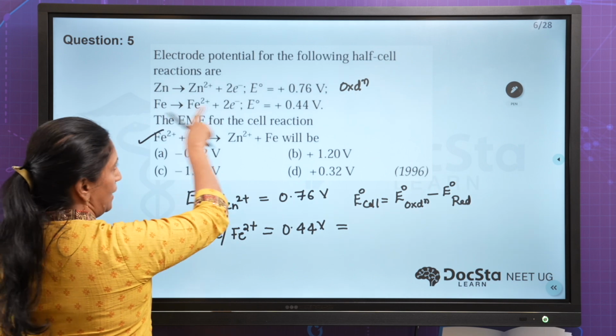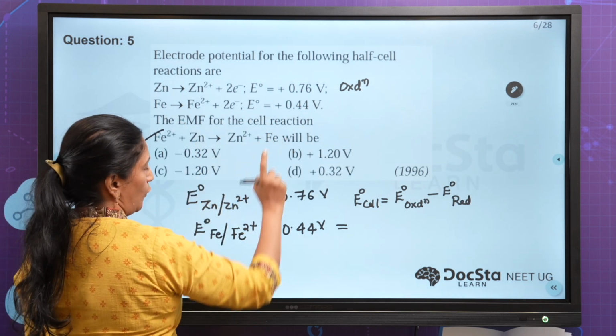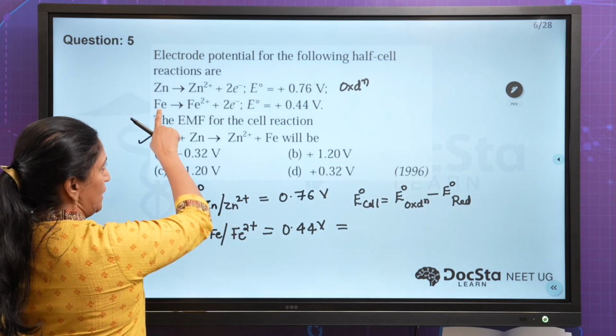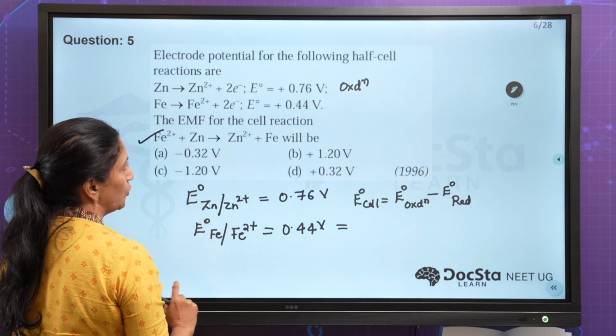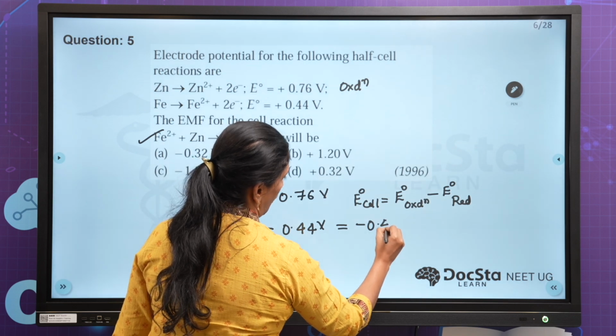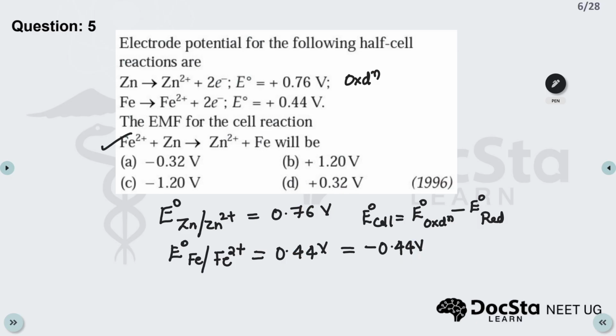Here it is given as plus 0.44 volt, but since we require the conversion of Fe2 plus to Fe, you have to take the value as minus 0.44 volt. Okay, this will be the value.